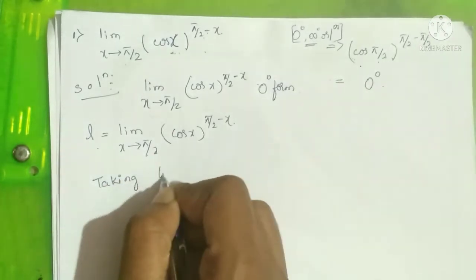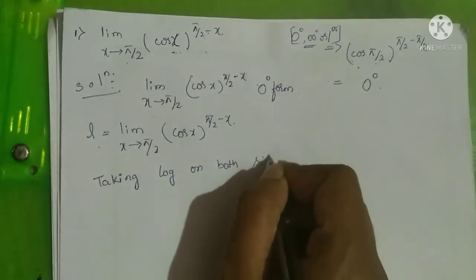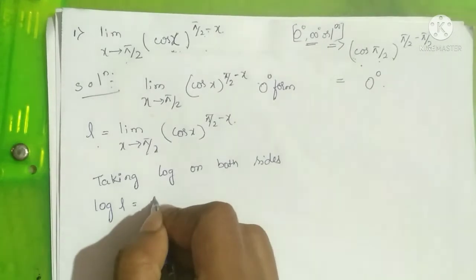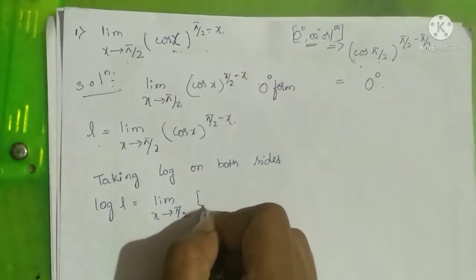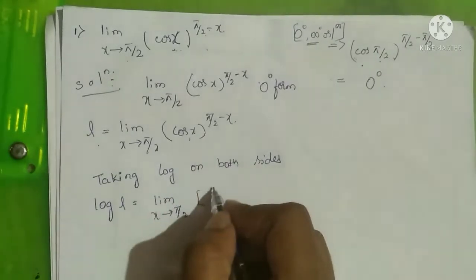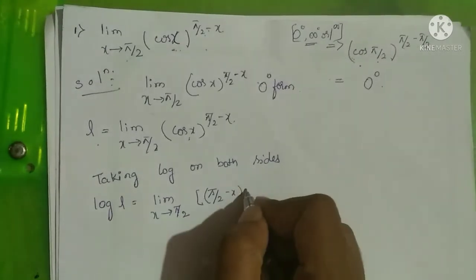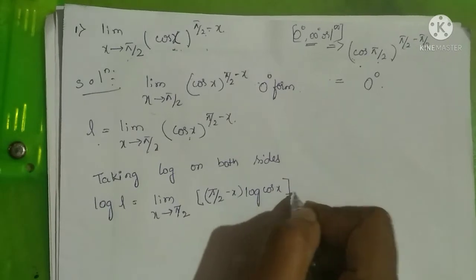Taking log on both sides, log L equals limit x tends to pi by 2, and the power gets shifted: (pi by 2 minus x) into log cos x.